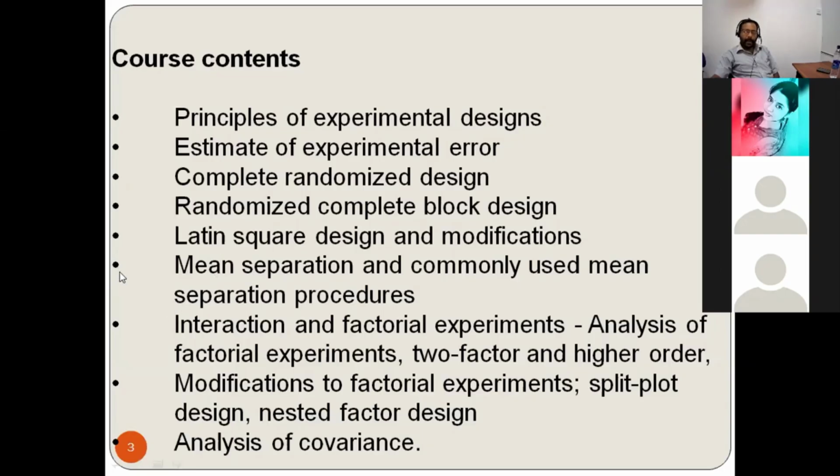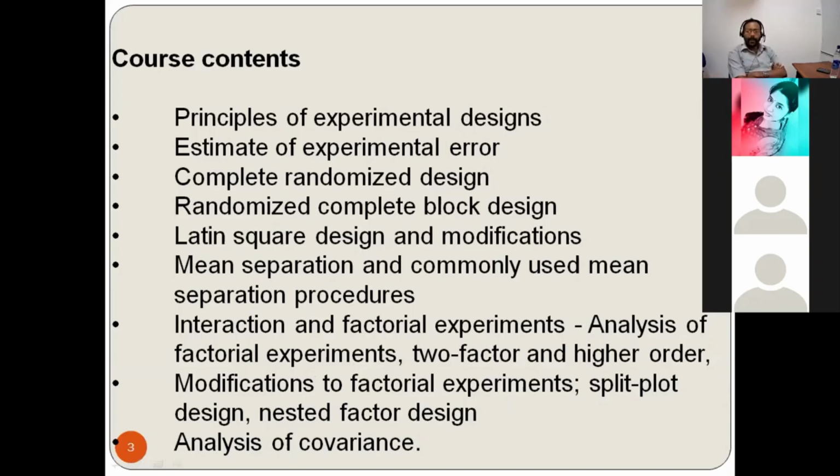Up to this point, I will be teaching. Beyond this point, Dr. Sivamati will be conducting the lectures. Interactions and factorial experiments: that is a vast and very important area. And the modifications of factorial experiments, like split plot design, nested design, and so on. And also a topic on analysis of covariance.